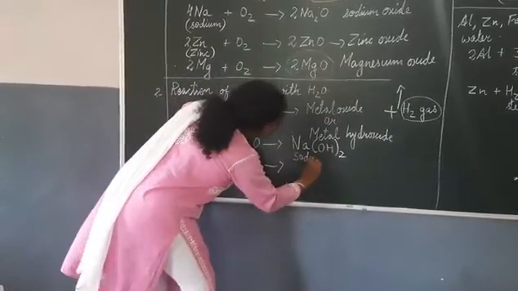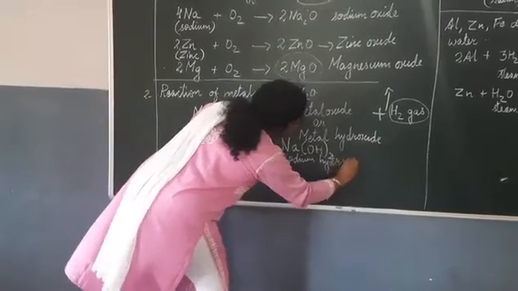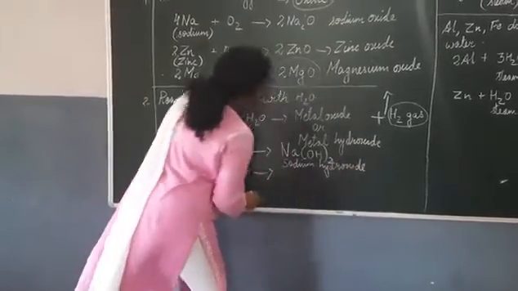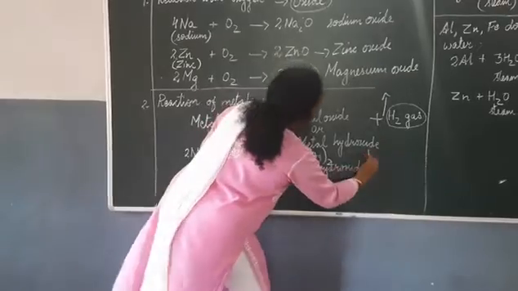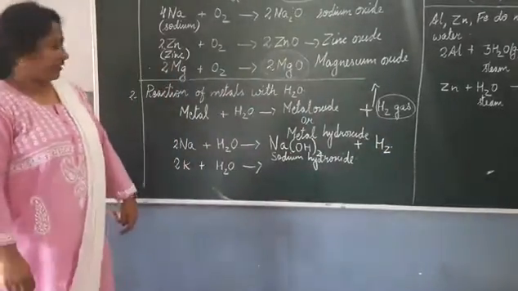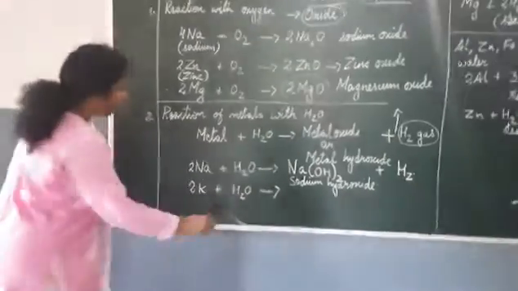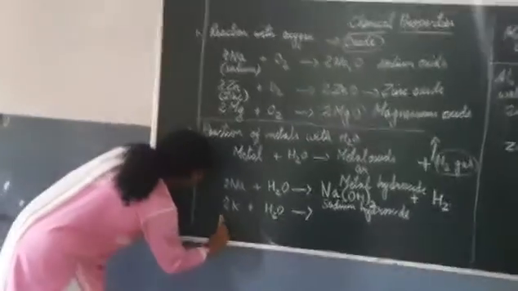Sodium hydroxide, and along with sodium hydroxide, hydrogen gas is evolved. We'll see one more example. K. What is K? K is potassium.